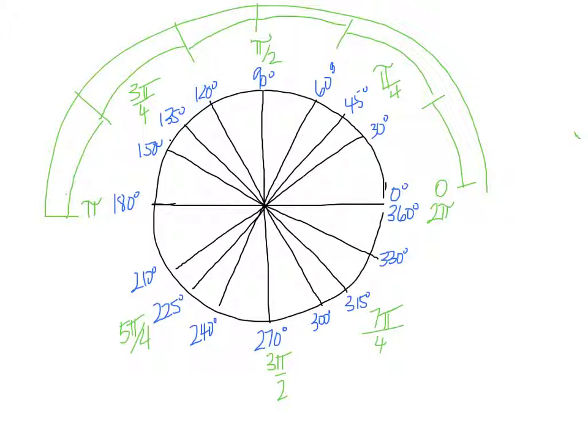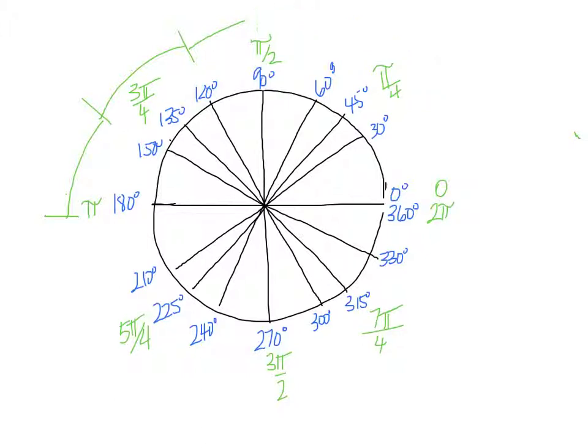So if the whole top half is pi, how big is the 30-degree section? Pi over 6. Okay, so I'm going to go to my 30-degree mark. Let me erase this other stuff. I'm going to say 30 degrees is pi over 6.